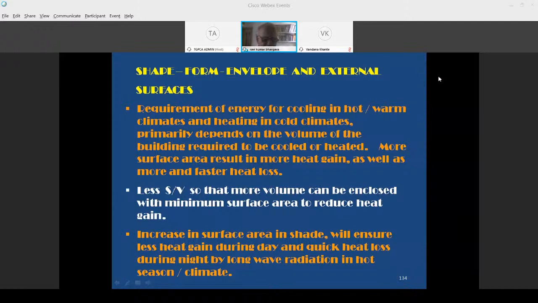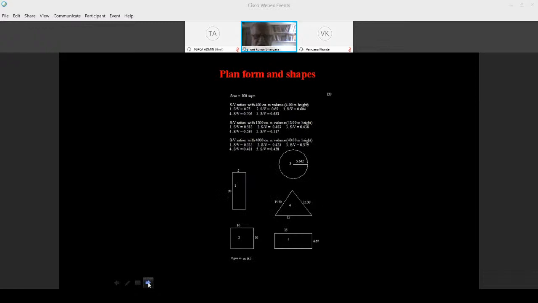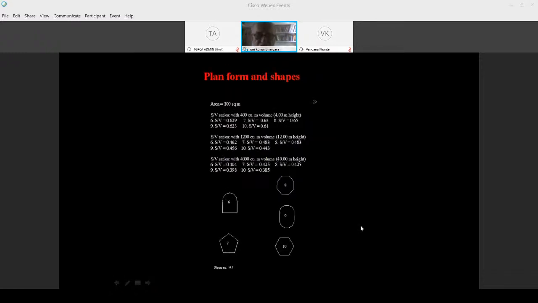For example, we can select different geometrical shapes as a plan for the building with the same or similar area. The area of all the forms, all the shapes must be the same. For example, we can decide that each form, each geometric shape, when we select it as a plan of the building, is 100 square meters.